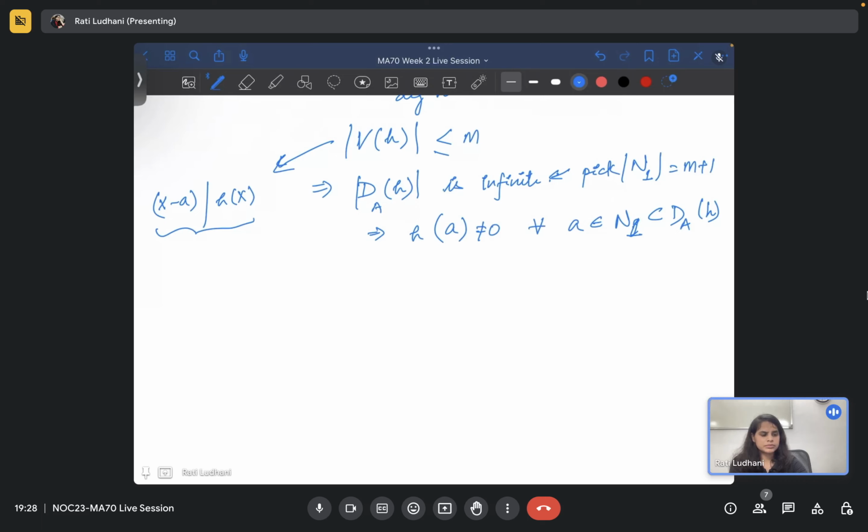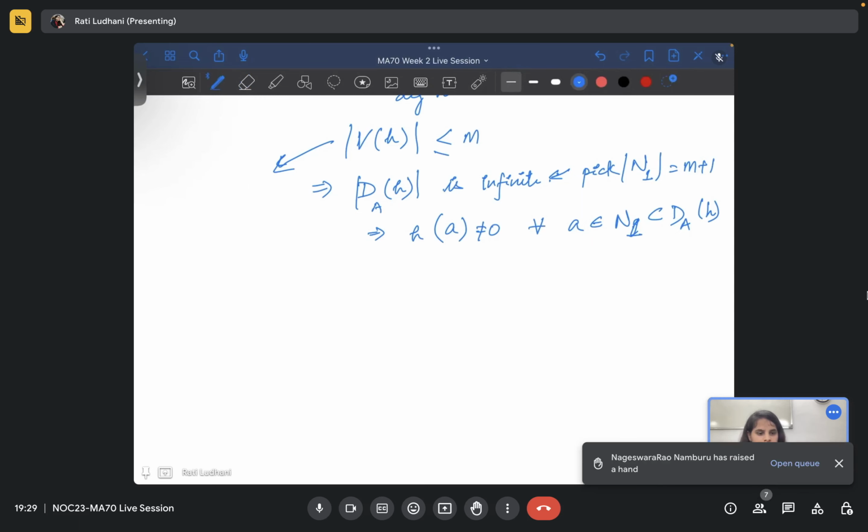Like the division algorithm, if you take the polynomial you are dividing by to be monic, then you can do that in the normal sense. That's what it is using basically.